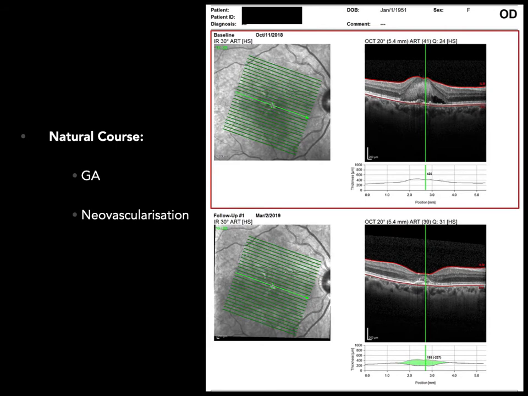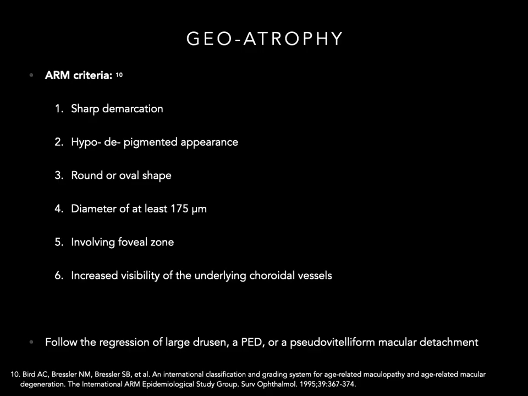Vitelliform matter usually resorbs over time with subsequent formation of GEO-ATROPHY. Rarely, CNV may form in these cases, but again it's rare, and GEO-ATROPHY is the most common natural course of these cases.